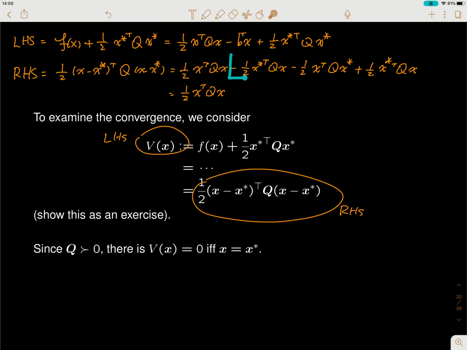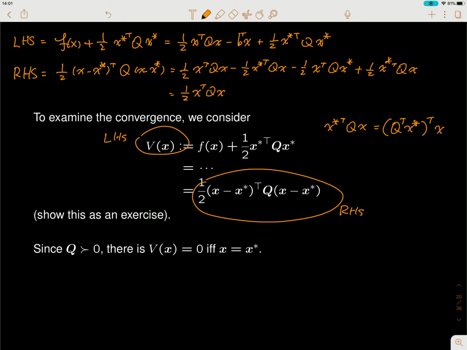And first, the thing that you need to notice is that these two terms are actually identical. The reason is you have x star transpose Q x and x transpose Q x star. These two terms are the same. The reason is you have x star transpose Qx. Remember that this can be written as Q transpose x star, transpose x, right?